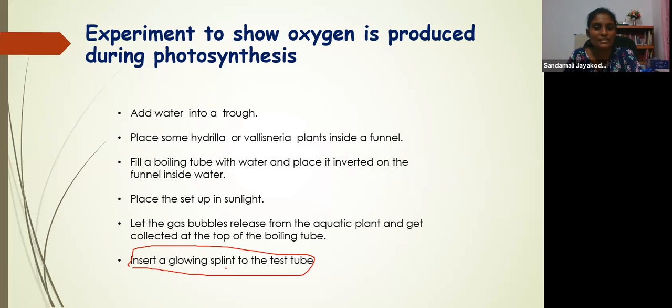After burning it, we can see a glowing end at the end of that. So we take that and insert it into our test tube without removing that air bubble in it. We have removed water out. Then we are entering our glowing splint into it.